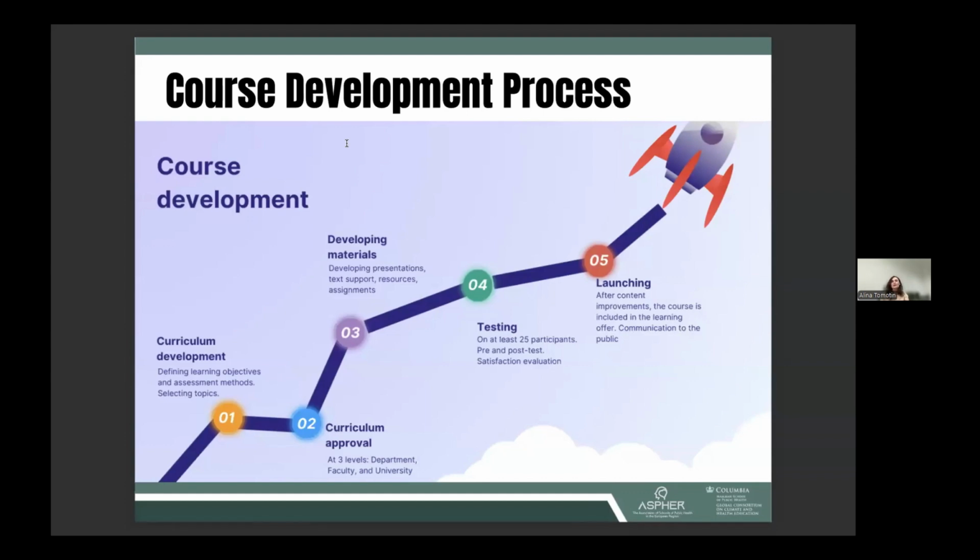And of course, the last step is launching, because we include it into the educational offer. So this iterative process helps us create a course that is both relevant and effective in meeting the needs of public health professionals, especially managers.